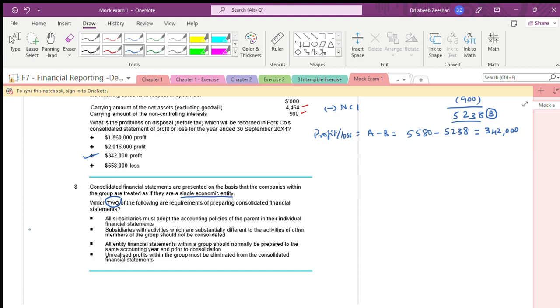Which two do we have to take? Any idea? Yes or no?